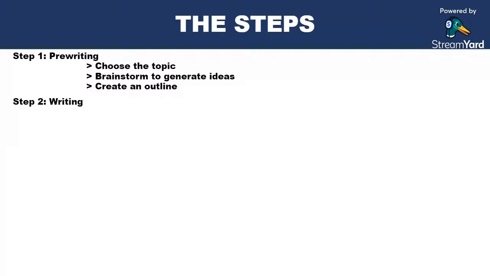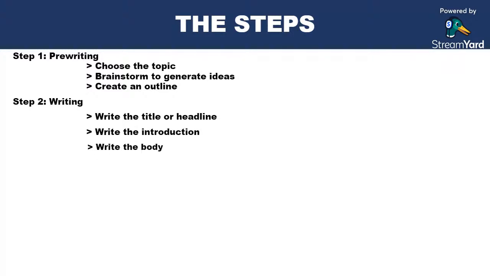Then the second step is writing. You now begin to write by writing the title or the headline, of course. Then you write the introduction, you write the body of the essay, and you write the conclusion. Then step number 3 is rewriting. The prefix re means again. So you have pre-writing, writing, and rewriting.